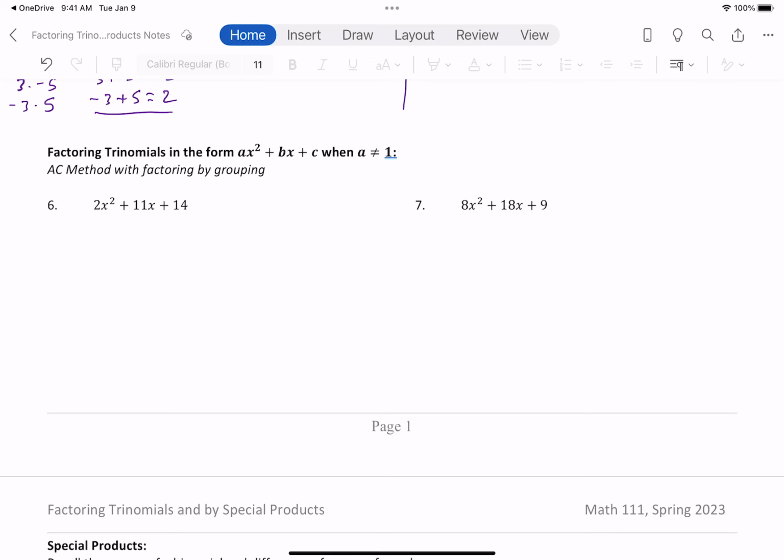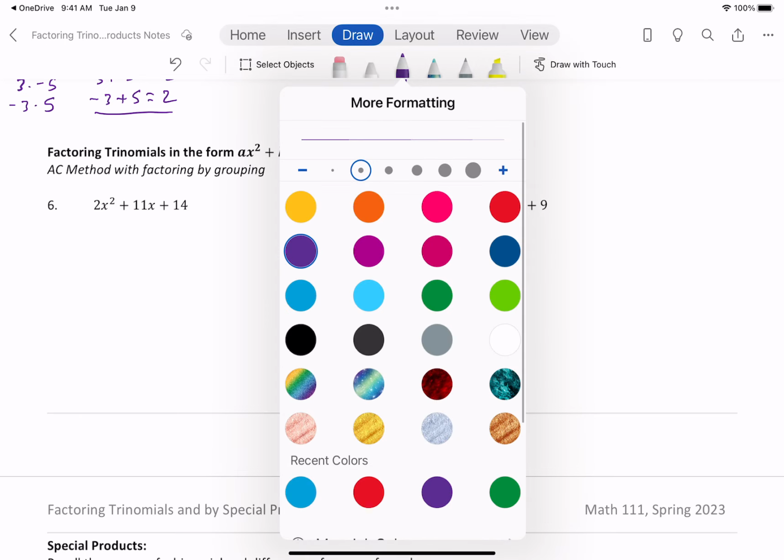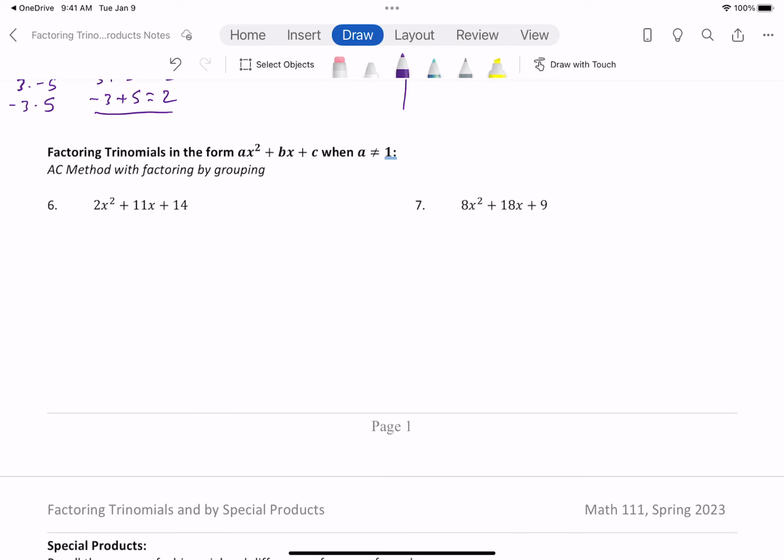Alright, so the next couple that we're going to look at, these are going to have an a that is not equal to 1. So you can still use trial and error on these, but it's more difficult, and it gets increasingly difficult as the a, or that very lead coefficient, has more factors.